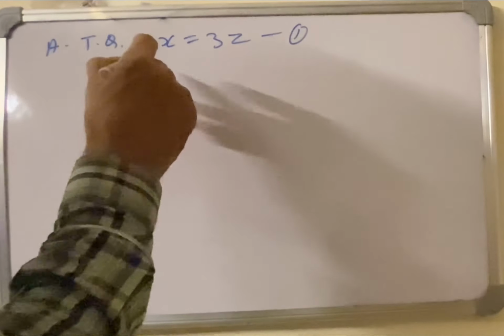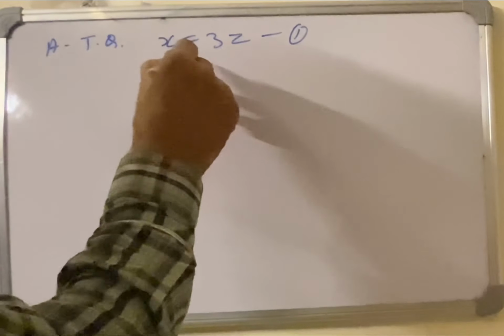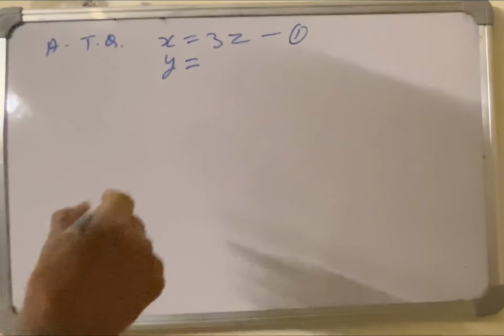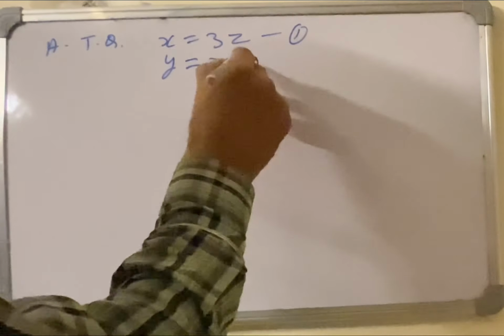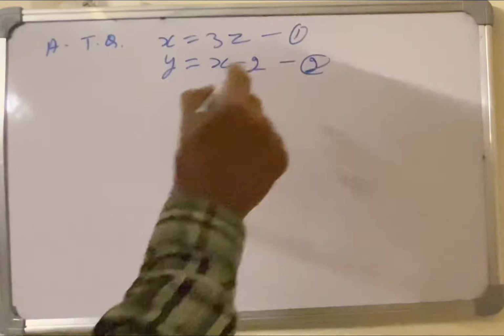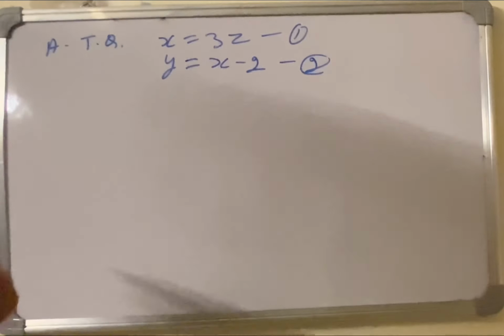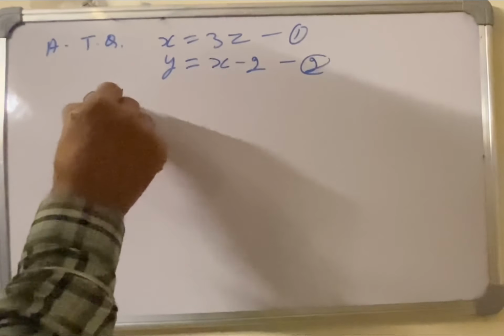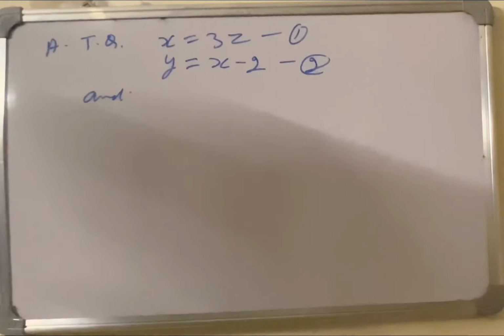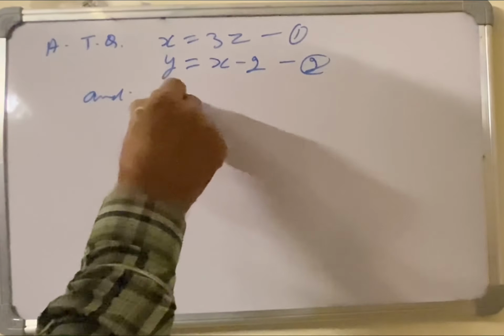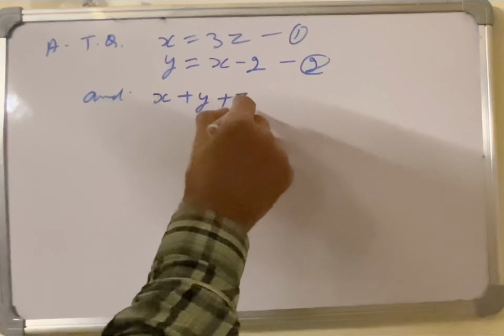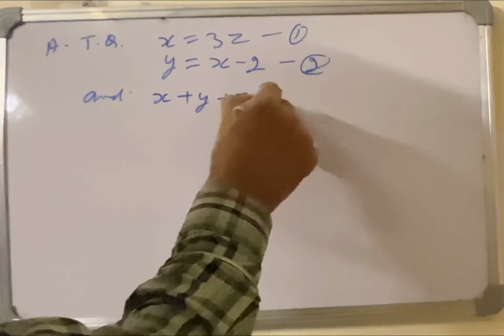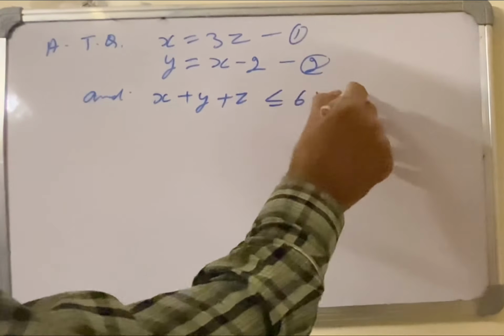The third side is y, so y is 2 centimeters shorter than the longest side x. This is the second. And the perimeter of the triangle is at most 61. Perimeter is x plus y plus z, less than or equal to 61, because it is at most 61.